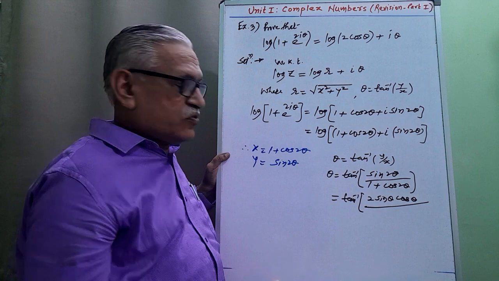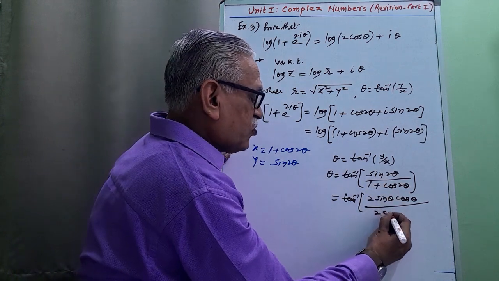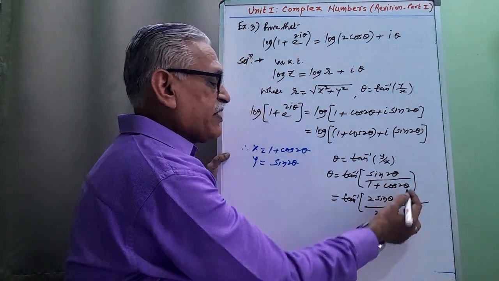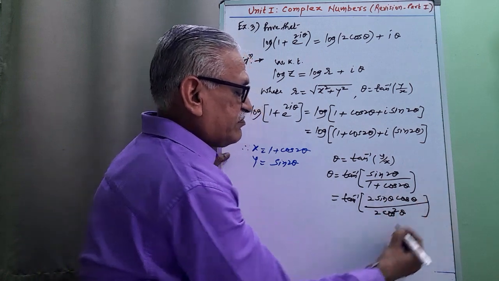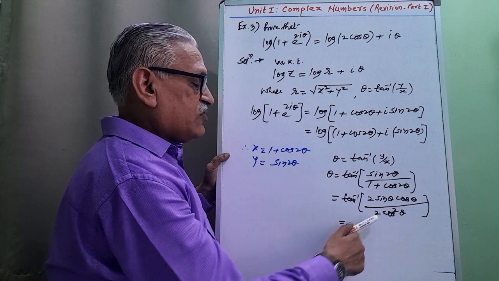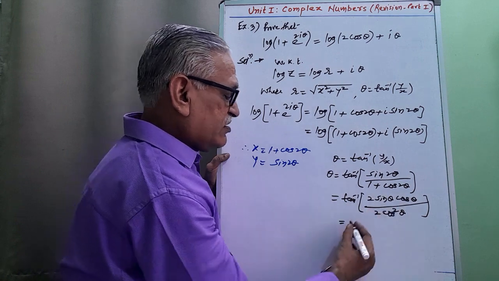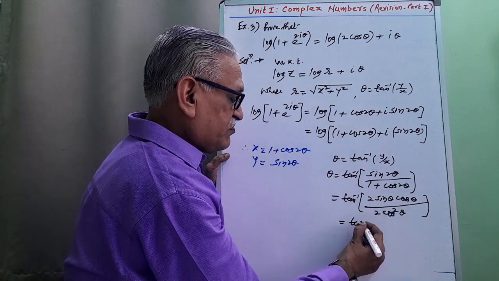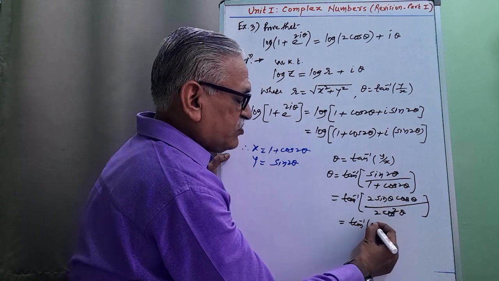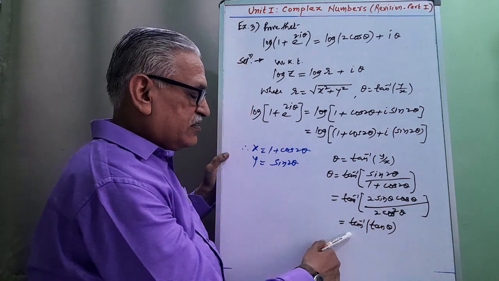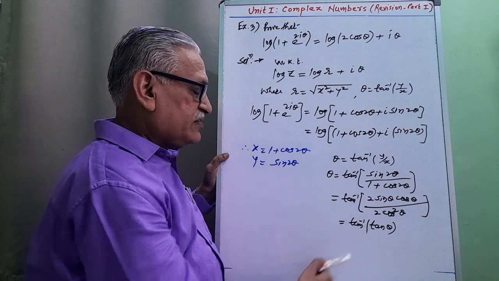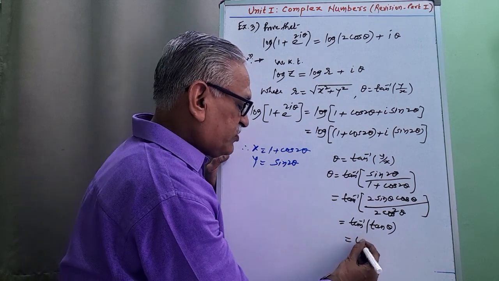And 1 plus cos 2θ is 2 cos square θ by 2, 2θ by 2, 2 gets cancelled, we get cos θ. 2 cancel, 1 cos gets cancelled. It is tan inverse of sin by cos, we get tan θ. Tan inverse tan gets cancelled, we get θ is equal to θ.